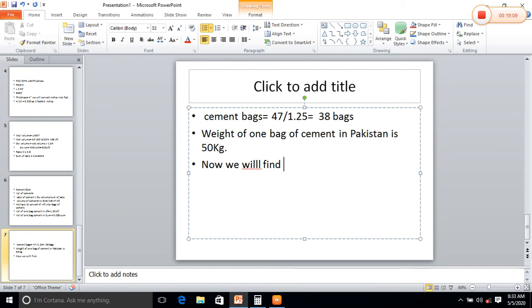sand quantity. Okay, so for sand quantity we have the formula: volume of sand is equal to ratio of sand multiplied by dry quantity divided by sum of ratio.